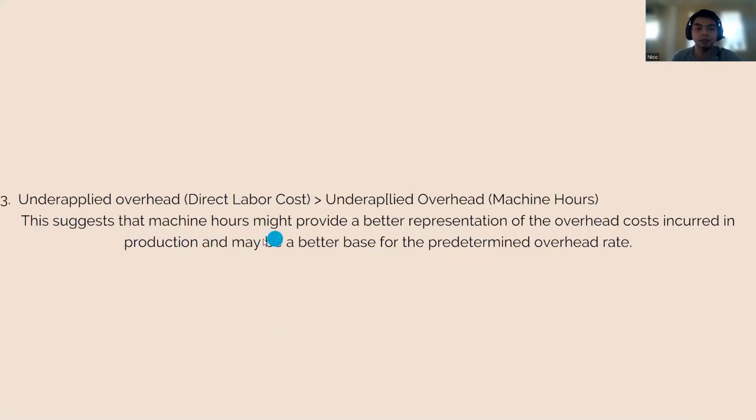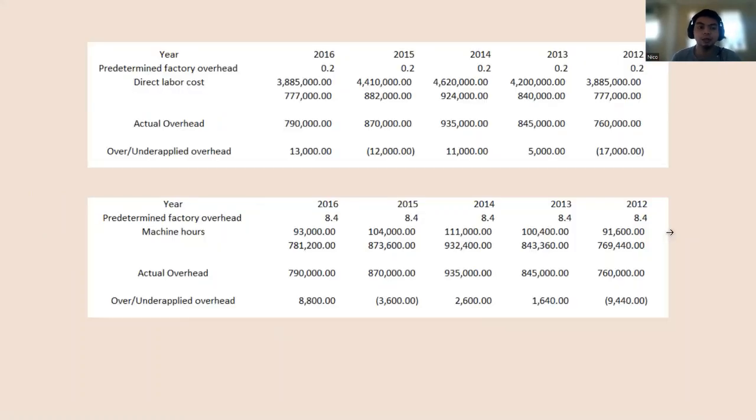This suggests that machine hours might provide a better representation of the overhead costs incurred in production and may be a better base for the predetermined overhead rate. This is all based on our figures here, that the over or under-applied overhead values for machine hours are much lower than the values for direct labor cost.